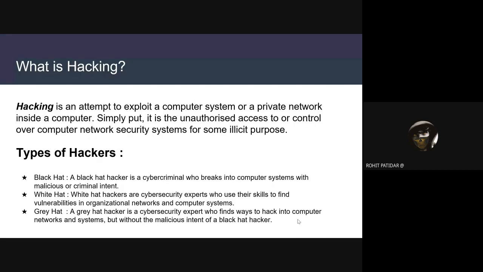Black hat hackers are cyber criminals who break into systems with malicious and criminal intentions. The second one is white hat hackers. White hat hackers are cybersecurity experts who use their skills to find vulnerabilities in organizations and try to fix them to maintain the security posture. And gray hat hackers are cybersecurity experts who can hack computer systems but without malicious intentions. So these are the types of hackers and what hacking is. Next slide, please.